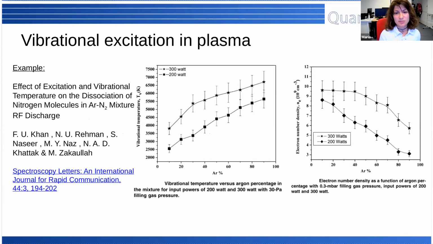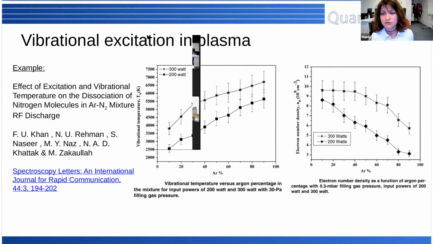Like my colleagues Sebastian and Martin said, it's very important to input correct reactions and have the right data for the reactions. This is an example from an experimental paper about the influence of vibrational temperature on the argon-nitrogen discharge.